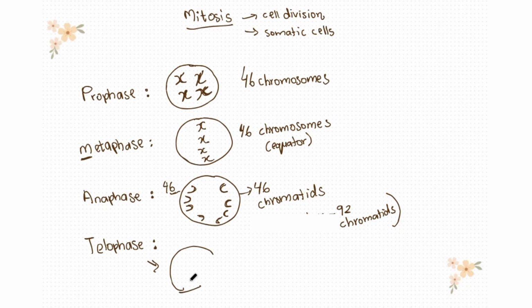Let me draw the cell. Let me redo that. Okay, let's draw it again. I'm not sure if you can see that, but the cell is about to split, about to divide into two. Let me redraw that, because I need you to see it clearly so that you can visualize what's happening.